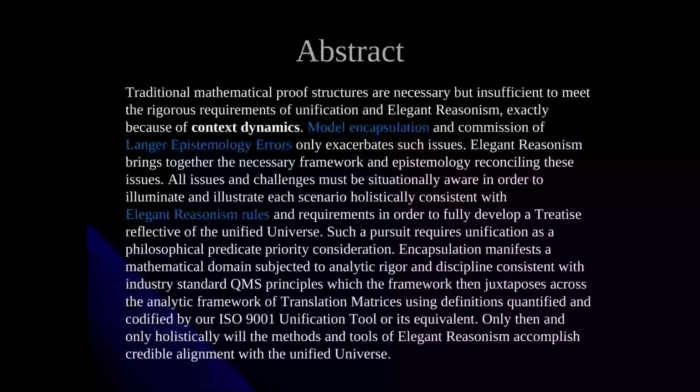What's different is that Elegant Reasonism recognizes Langer epistemology errors. We also recognize model encapsulation. What do those things mean? The details behind those are in the earlier videos.